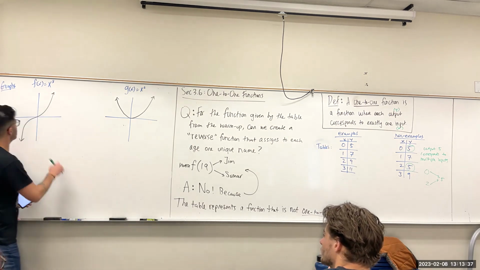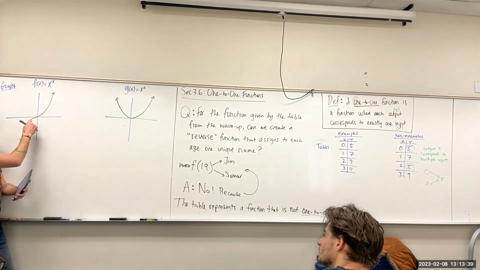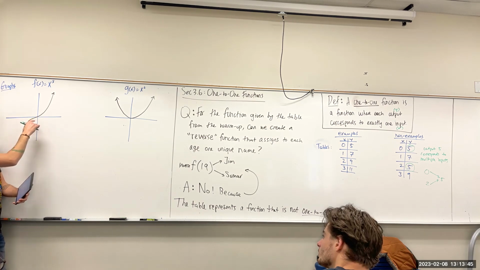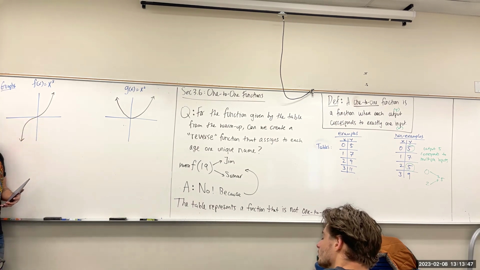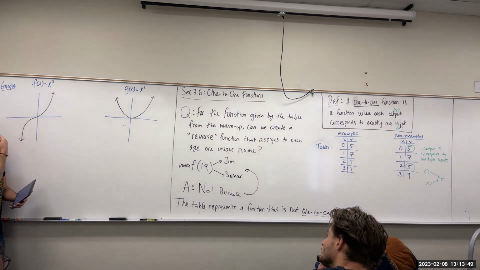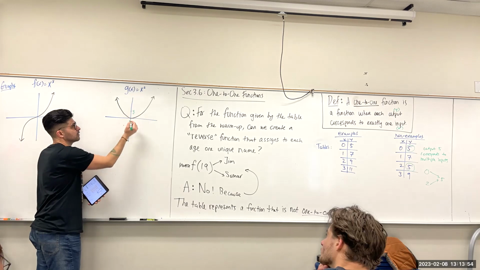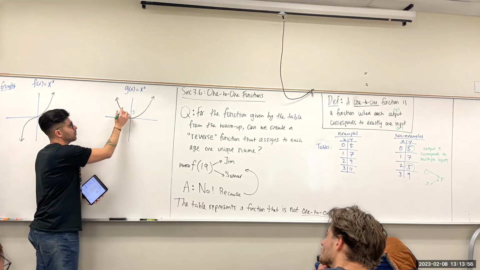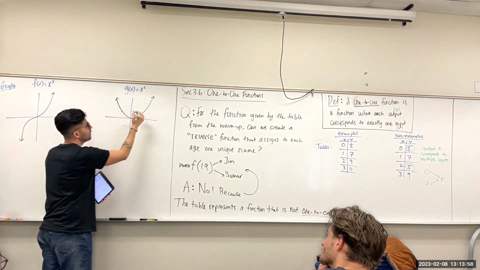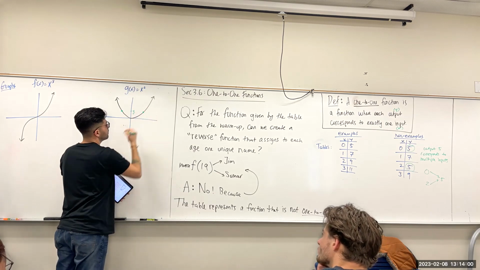So is it true that on this graph, if you look at a point on the graph, does each y value correspond to only one x value? Yes. Versus here, let's say I pick a random y value. That corresponds to this point here on the parabola, and this point here on the parabola.